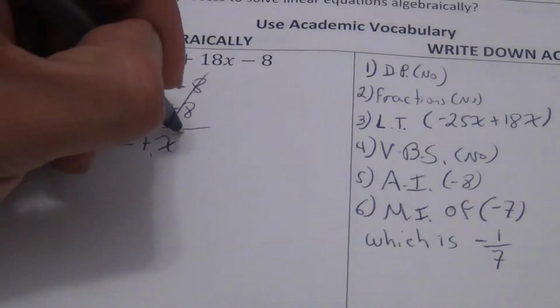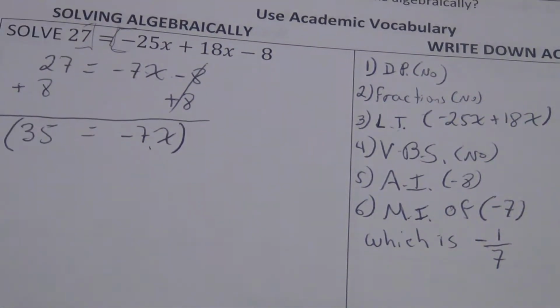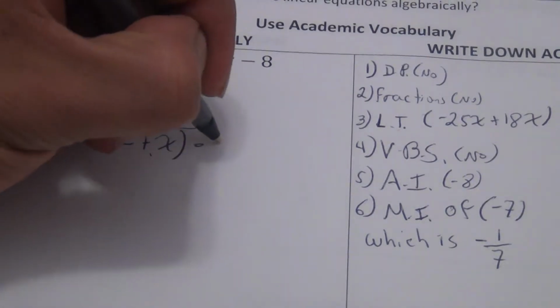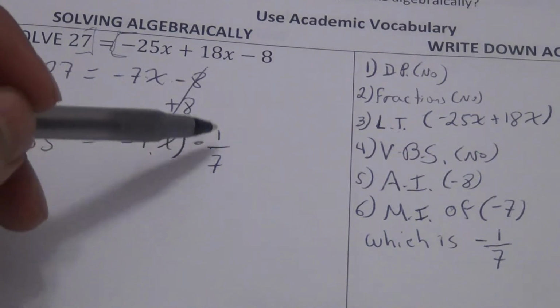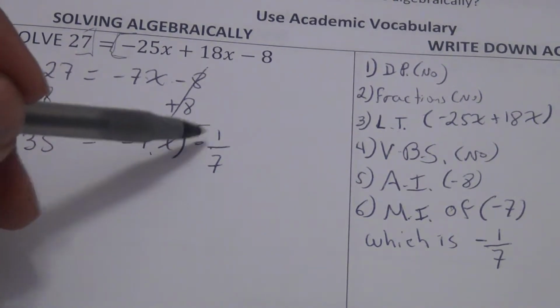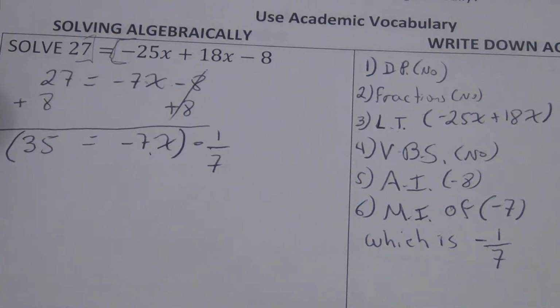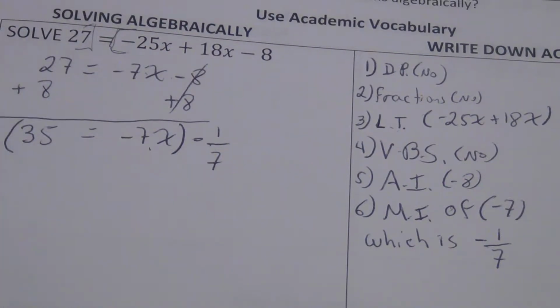I'm going to multiply the whole equation by that. You could say 1 over negative 7, negative 1 over 7, or just negative and then 1 over 7. However you want it, it's still the same thing.